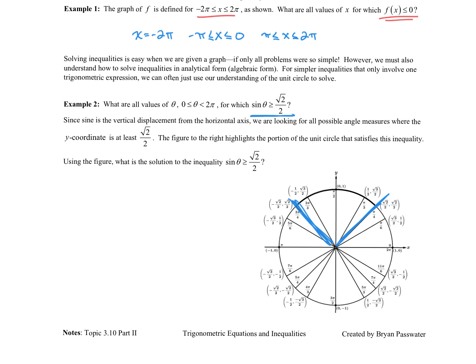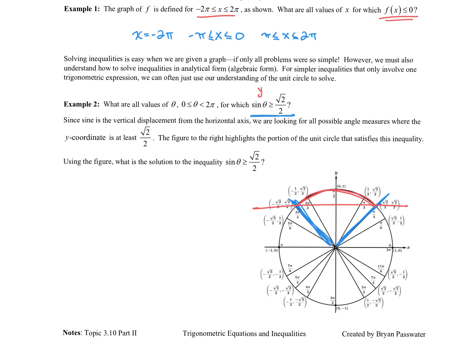The y. And so basically this is saying, when is y greater than square root 2 over 2? If this is at square root 2 over 2, I want it to be greater than that for my y value. And so it's on this interval right here.